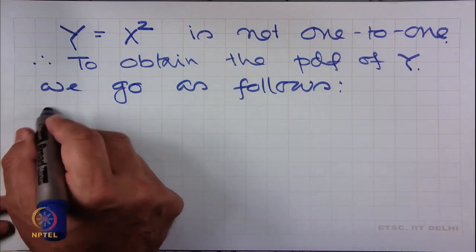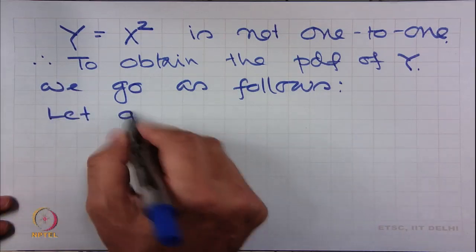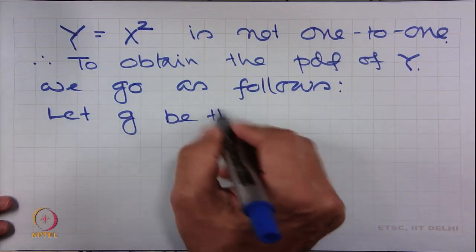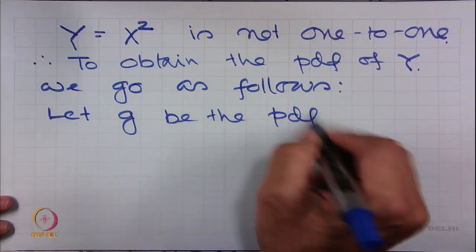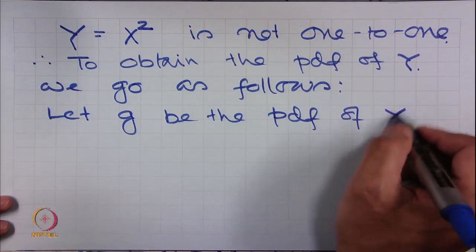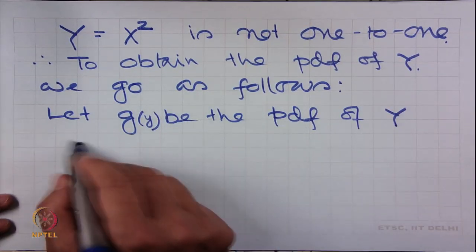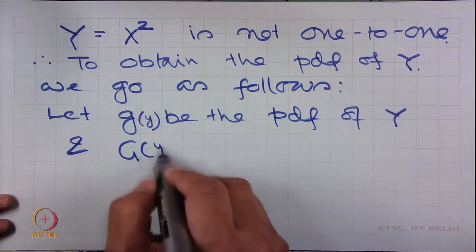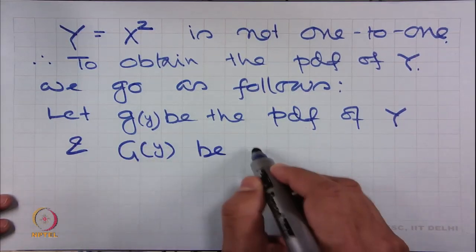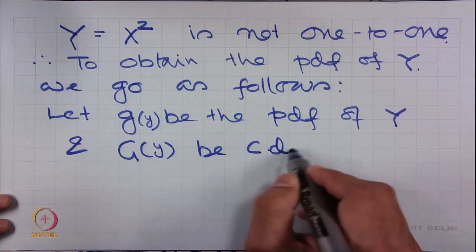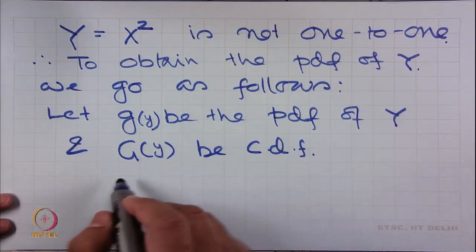Let g y be the PDF of y, and G y be the cumulative distribution function.